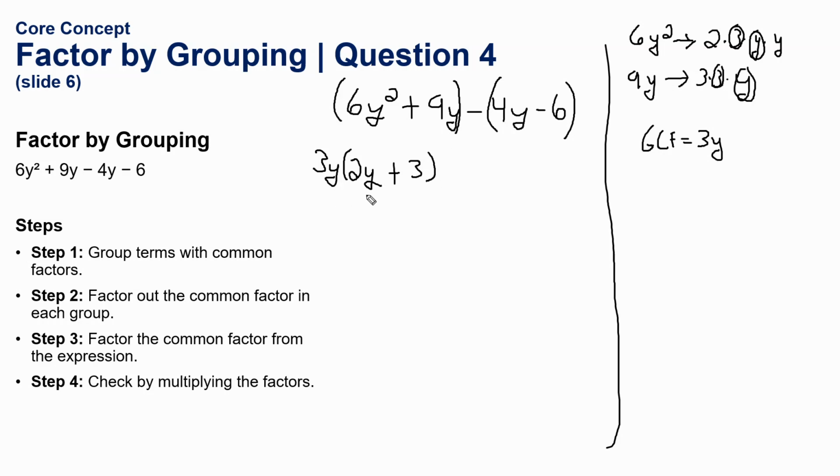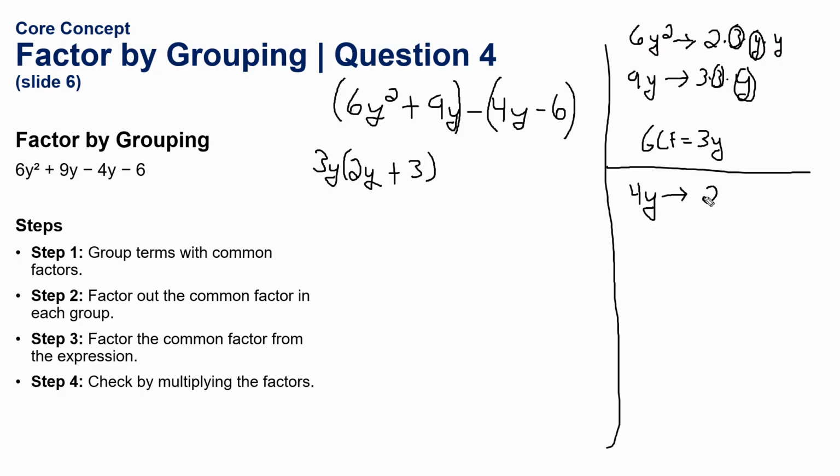So 3y parentheses 2y plus 3 is the first parentheses with a reverse distribution applied. Let's go to the next parentheses then. We have 4y minus 6.